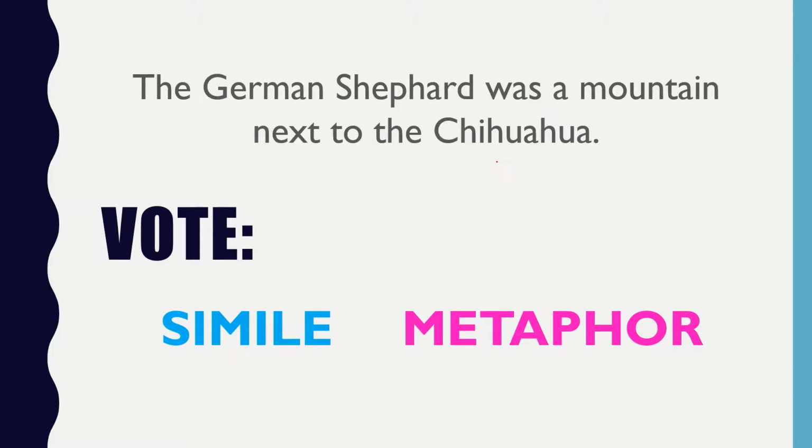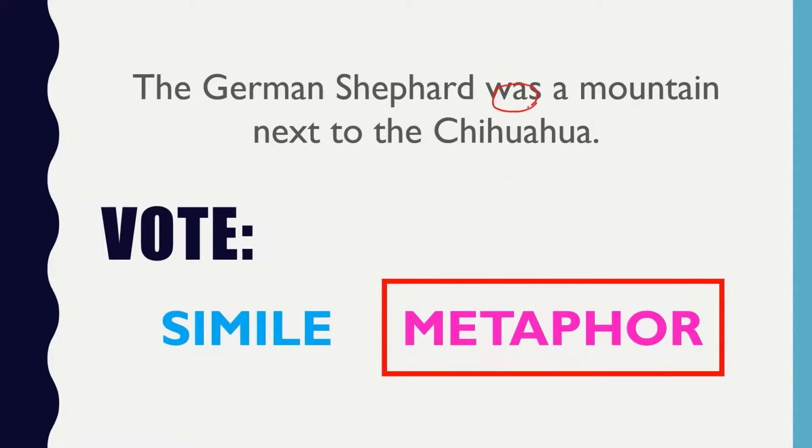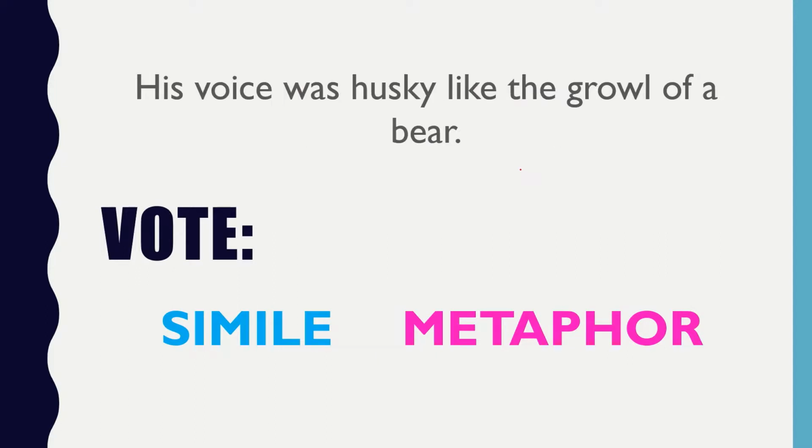Next up in the quiz, the German Shepherd was a mountain next to the Chihuahua. Simile or metaphor? It's a metaphor. It says it was a mountain next to a Chihuahua, but of course the German Shepherd isn't literally a mountain. Penultimate question. His voice was husky like the growl of a bear.